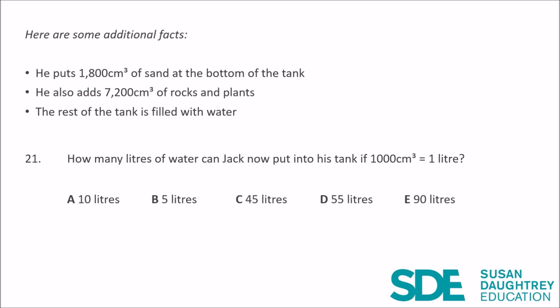Given the additional facts, we know that he's using up 1,800 cubic centimetres with sand and 7,200 cubic centimetres of rocks and plants.